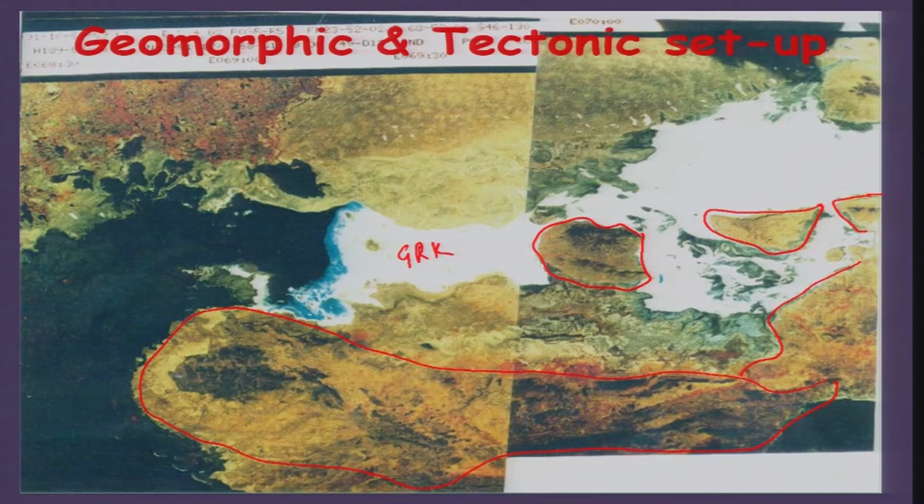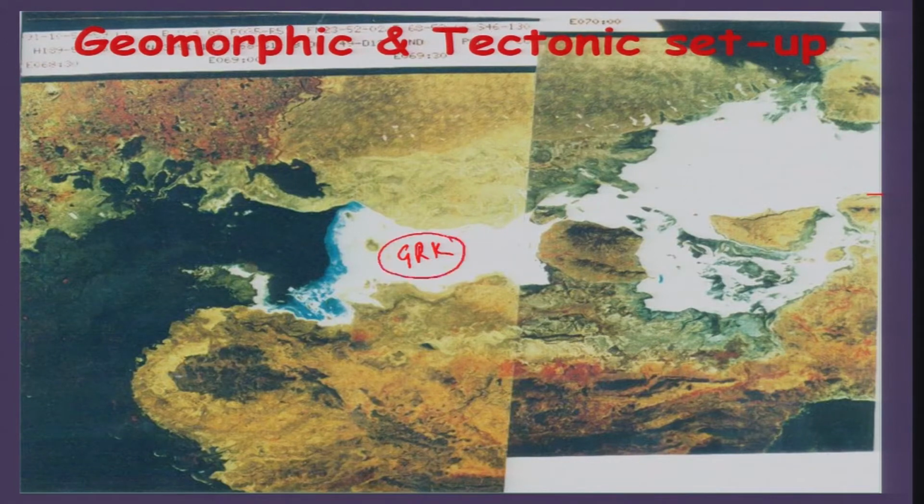But now, if you look, we still have different colors marked here. Some portion is dark, some portion is lighter in color. Again, this is because of the different type of material here. So in this Great Run of Kutch, the light is completely reflected back, hence it appears white.